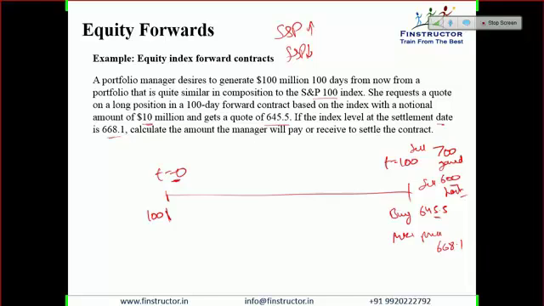That means she has gained, or she'll buy 10 million worth at 645.5 because the amount is 10 million, and she'll sell 10 million worth at 668.1.